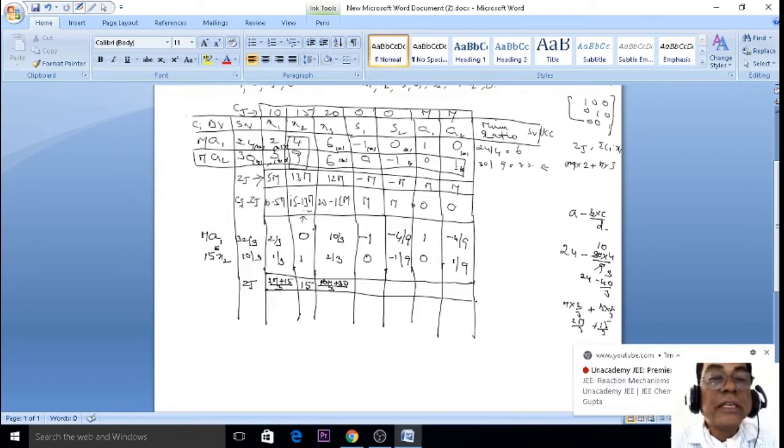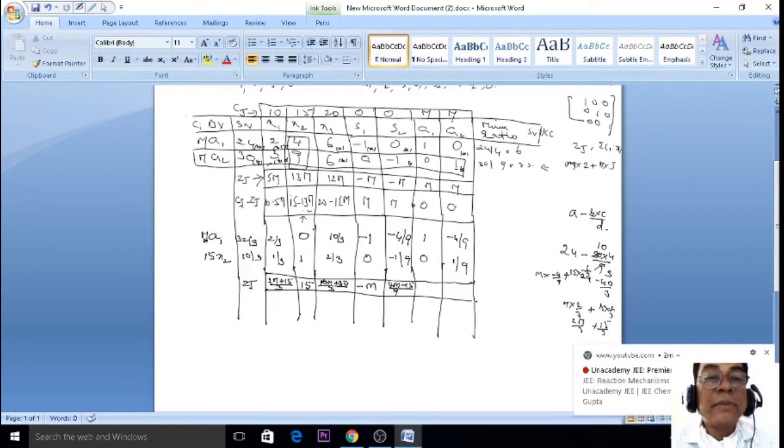Next, go to this: M into minus 1 plus 15 into minus M. Like this, M into minus 4 by 9 plus 15 into minus 1 by 9. Simplified, you will get minus 4M minus 15 by 9.